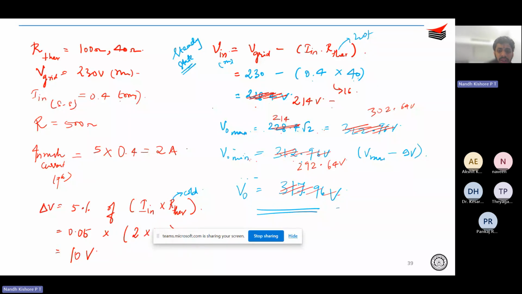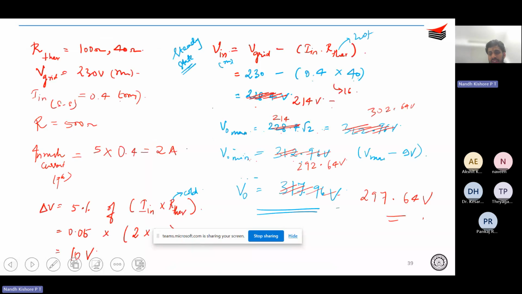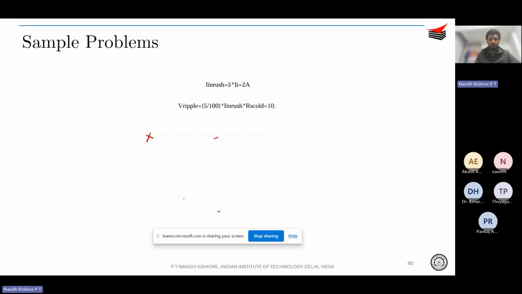Therefore, your V naught is going to be somewhere around 297.64 volts. So the output voltage is actually 297.64 volts, because your V input is 230.